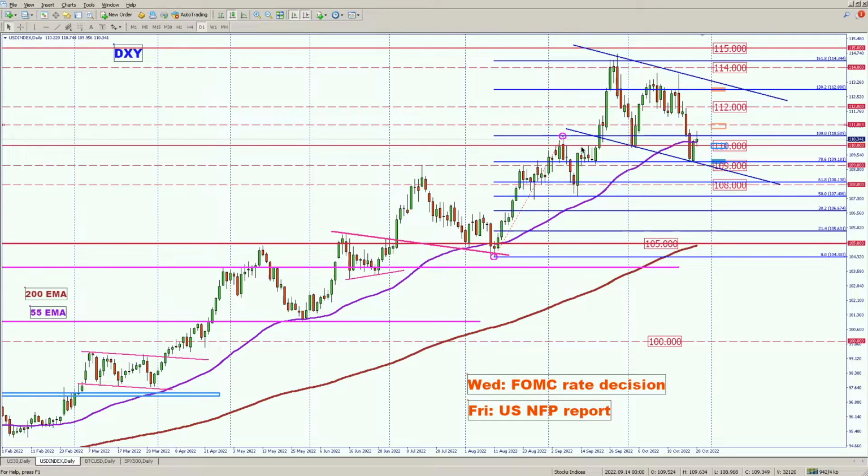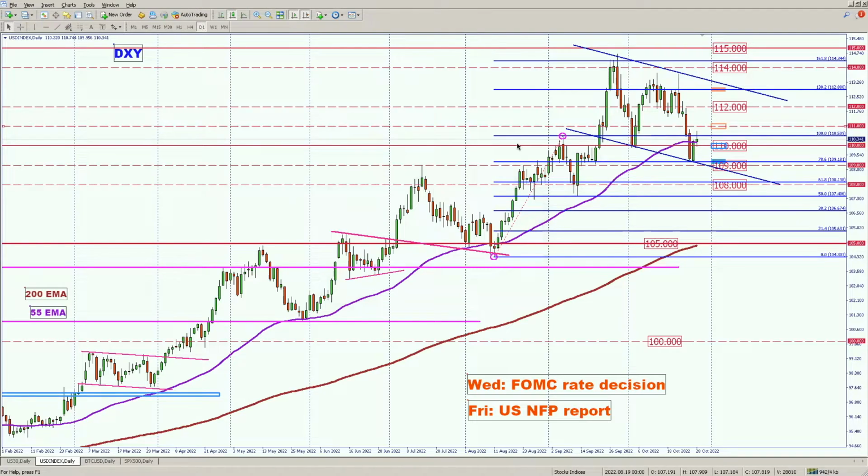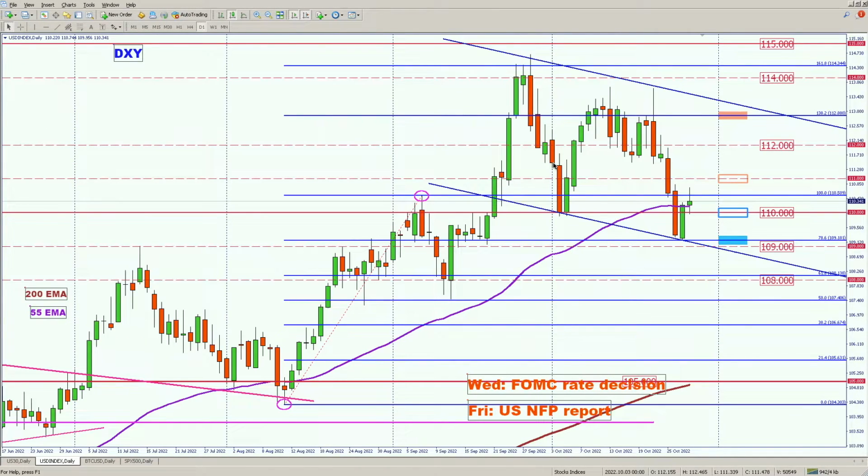So let's see if it's going to move within that range. Let's expand it out.